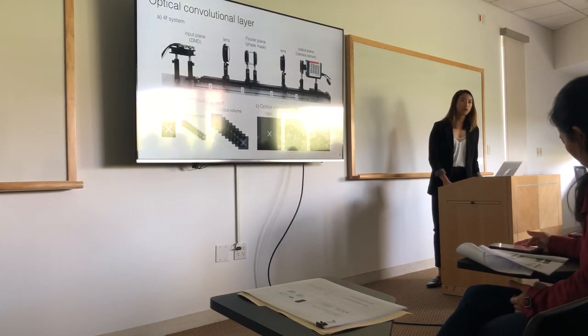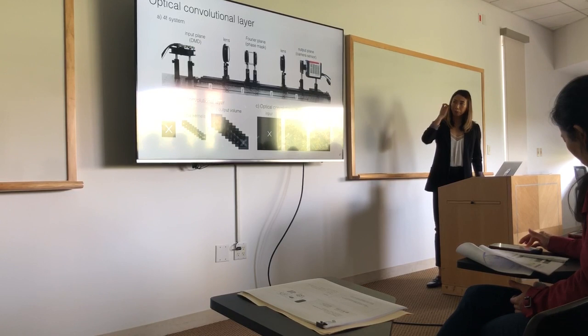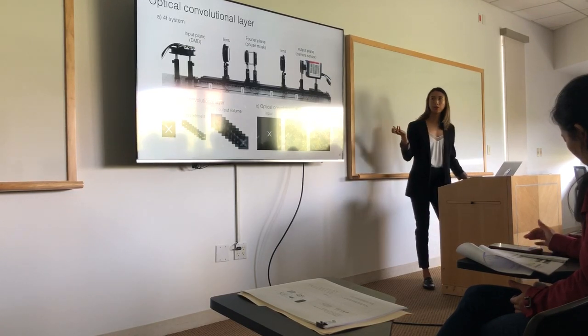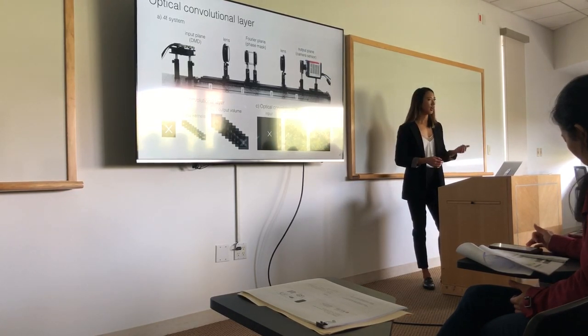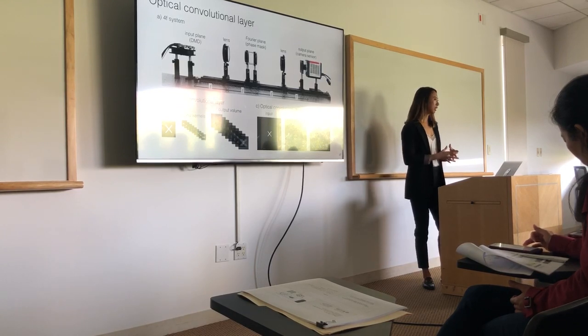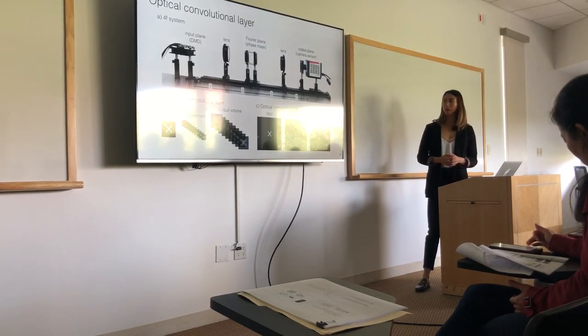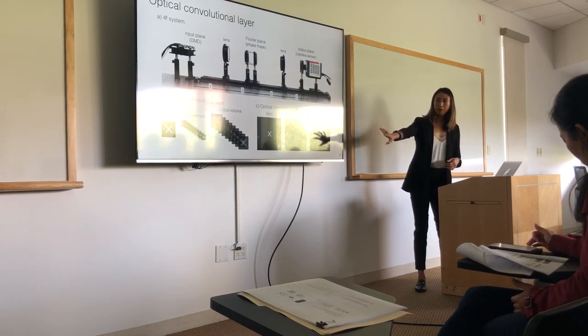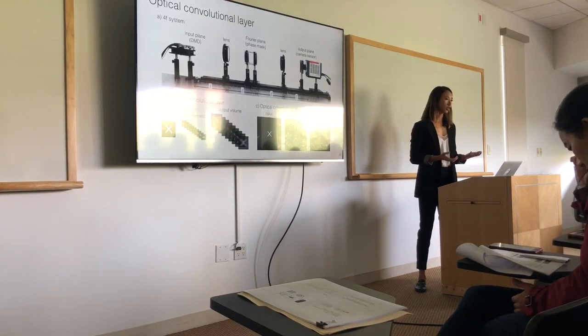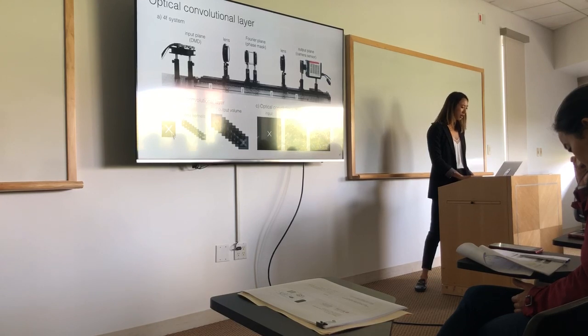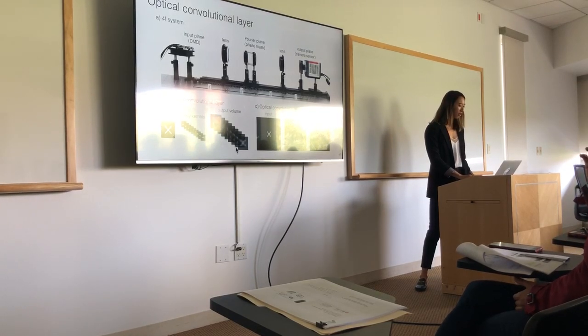We're going to return back to this 4F system that I showed you earlier. So again, we want to take advantage of the convolutions that occur in optics and design certain PSFs that can now perform the whole convolutional layer of a standard neural network. So at the bottom left, that's how a standard convolutional layer might look. We have your input image, a stack of convolutional kernels, and you get a stack in your output volume.